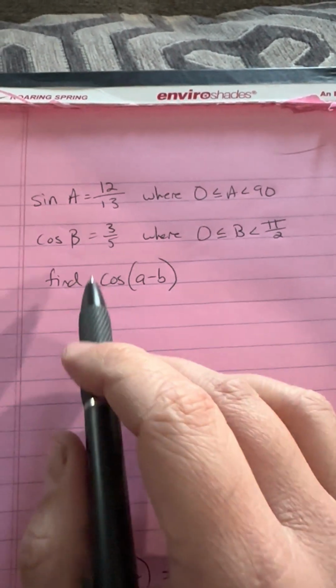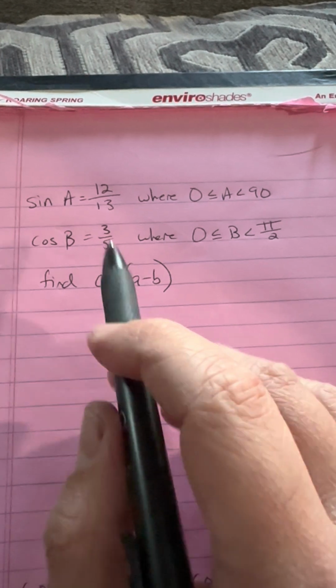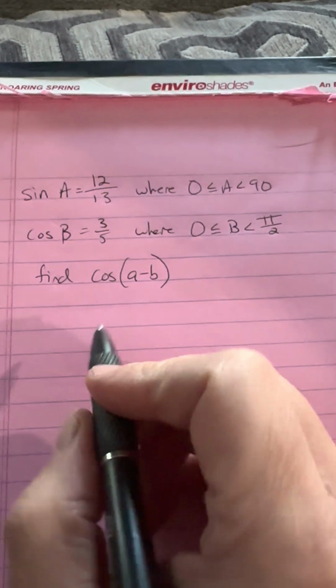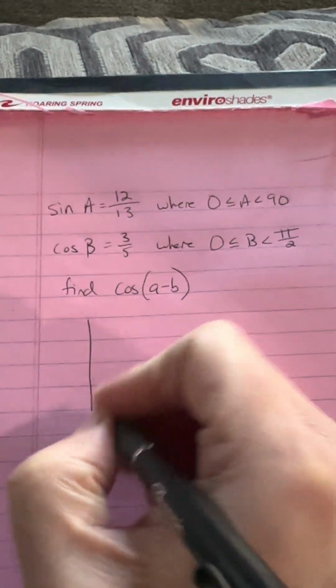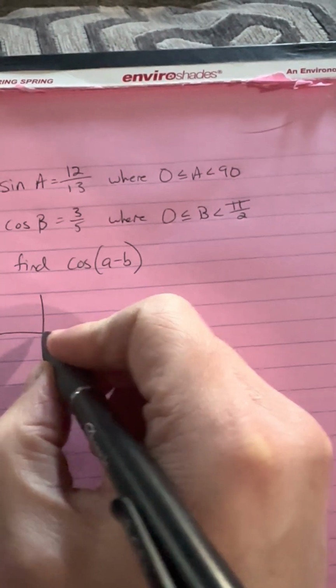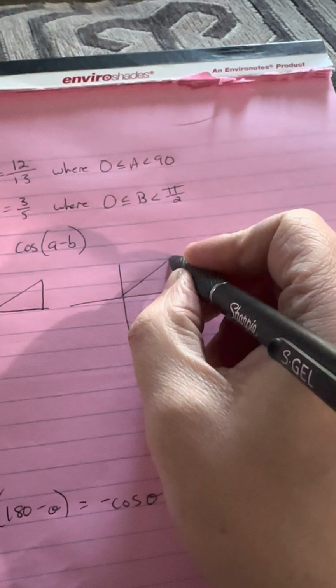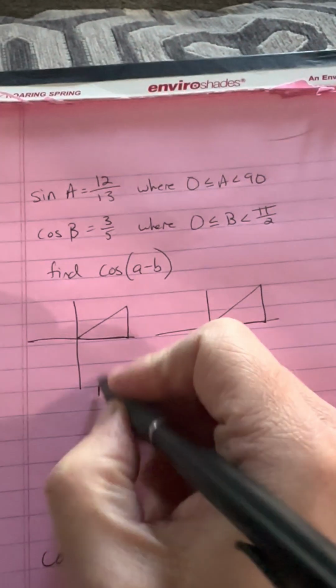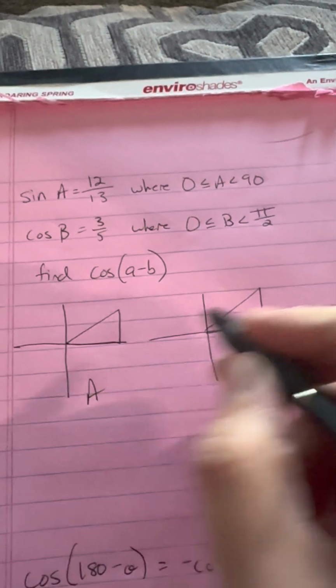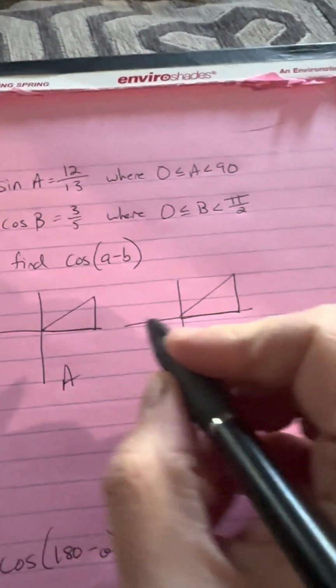So first, we really need to find the third measurement of both of these triangles individually. So we're going to do 2 different triangles in 2 different scenarios. The reason is because we're going to have multiple different measurements here. So this is the A, theta, angle, whatever. This will be the B one, okay?